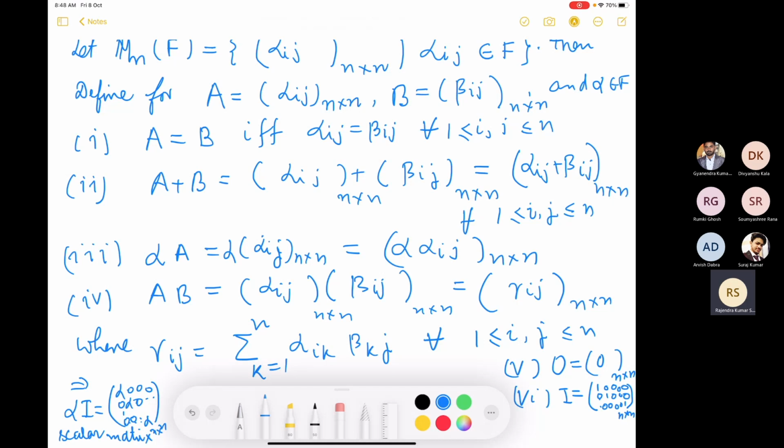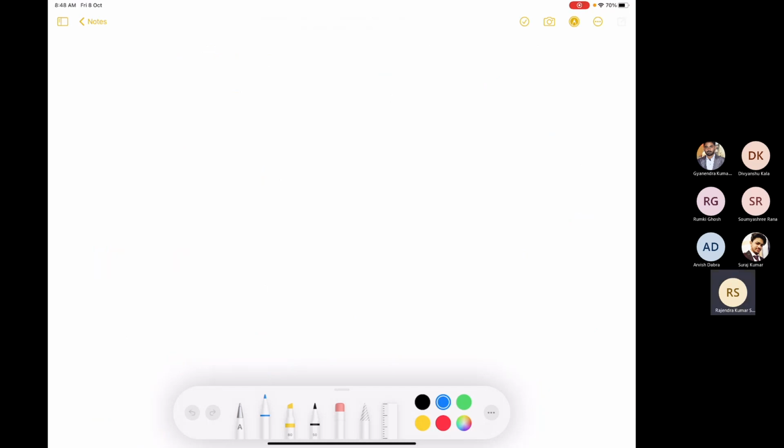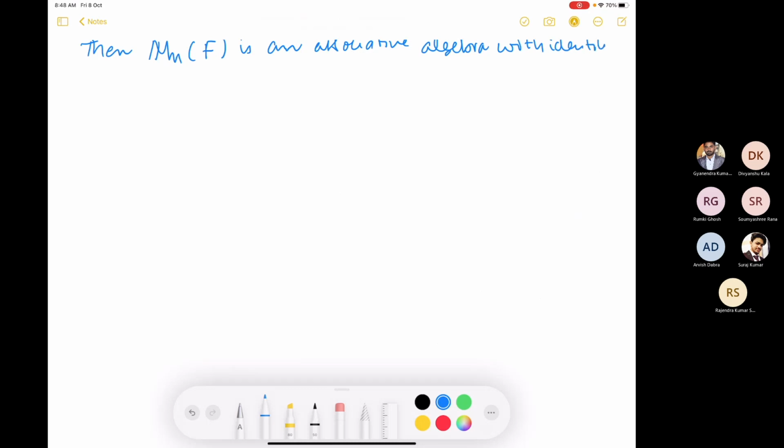The identity means, with respect to multiplication, the identity matrix. Now that is all. So M_n(F) is an associative algebra with identity, and as a vector space it is over F.